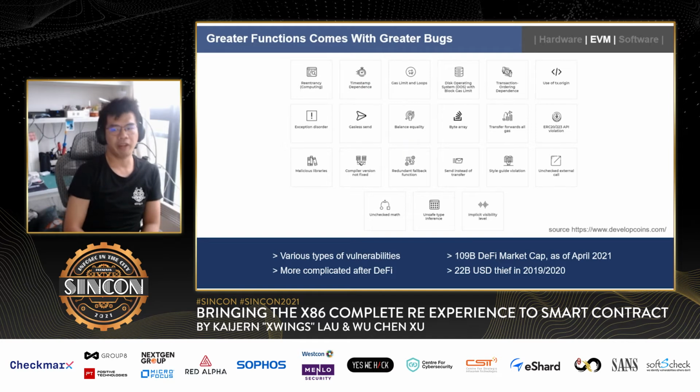On the very old data, it's around 109 billion decentralized finance market cap as of April. And from 2019 to 2020, that's around 22 billion US dollars of theft in the entire DeFi market. Don't get me wrong, the 22 billion is pretty much based on the value of the tokens during that time.